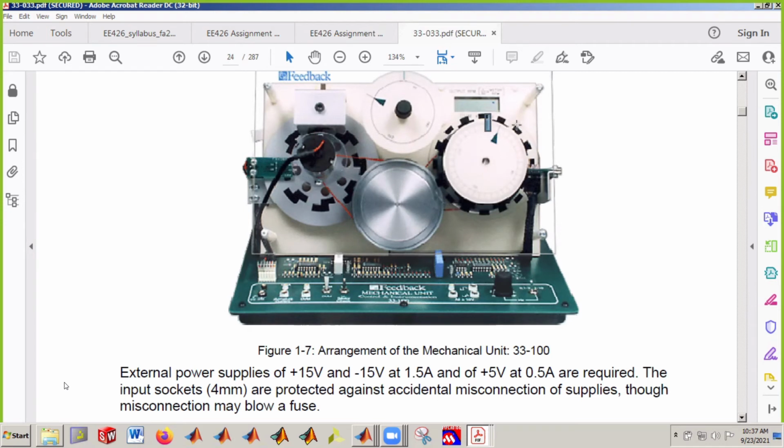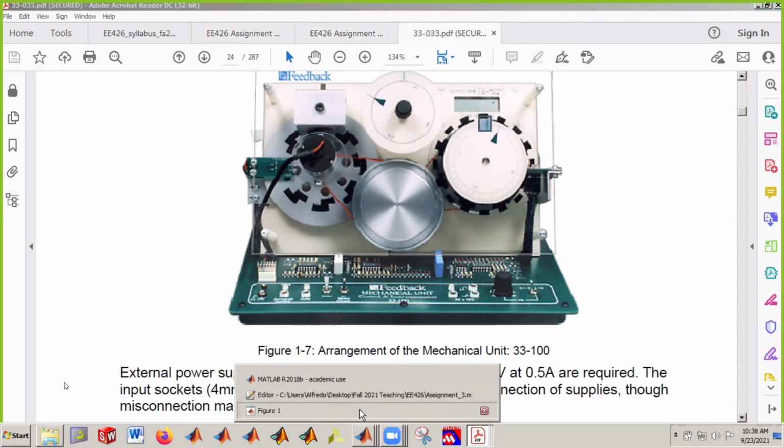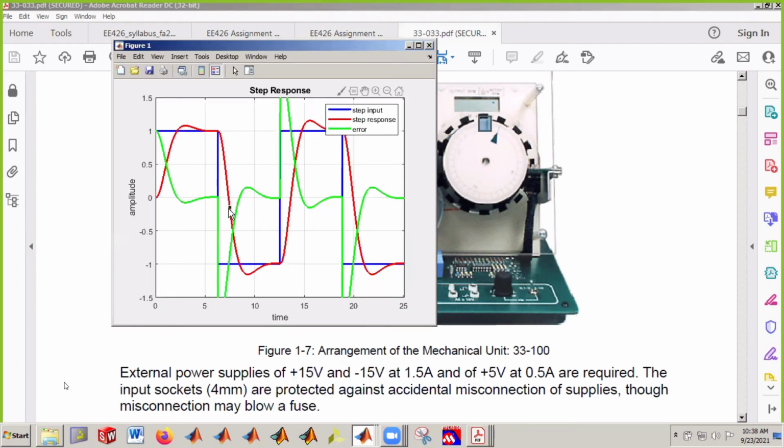If this arrow is pointing anywhere to the right-hand side of this, that is a positive number or a positive angular position. And if this arrow is pointing anywhere on the left side of this 0 line, that is a negative value. So in this particular response, the motor right here is spinning counterclockwise because it's going in the other direction, right? You see the slope, right? The slope of this is negative, so it's spinning the other way.